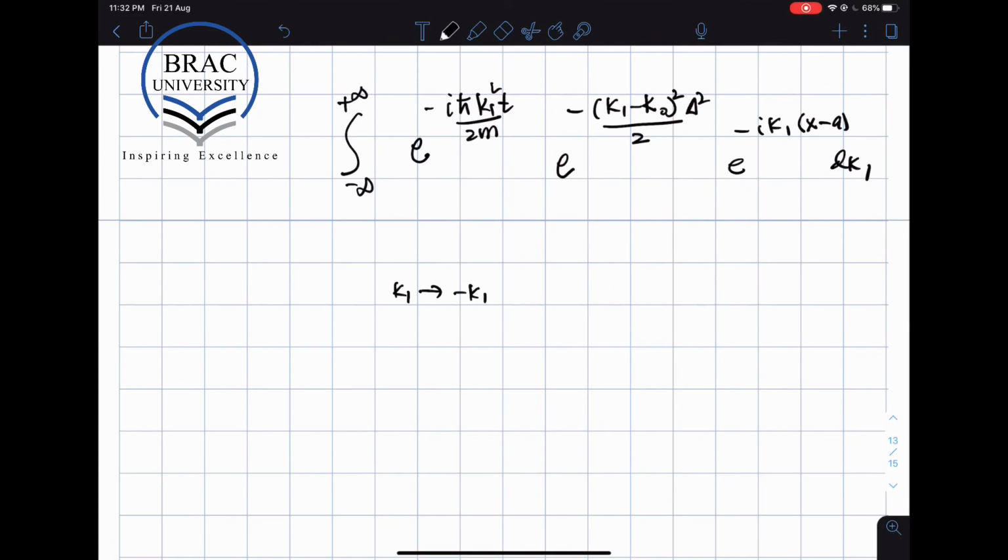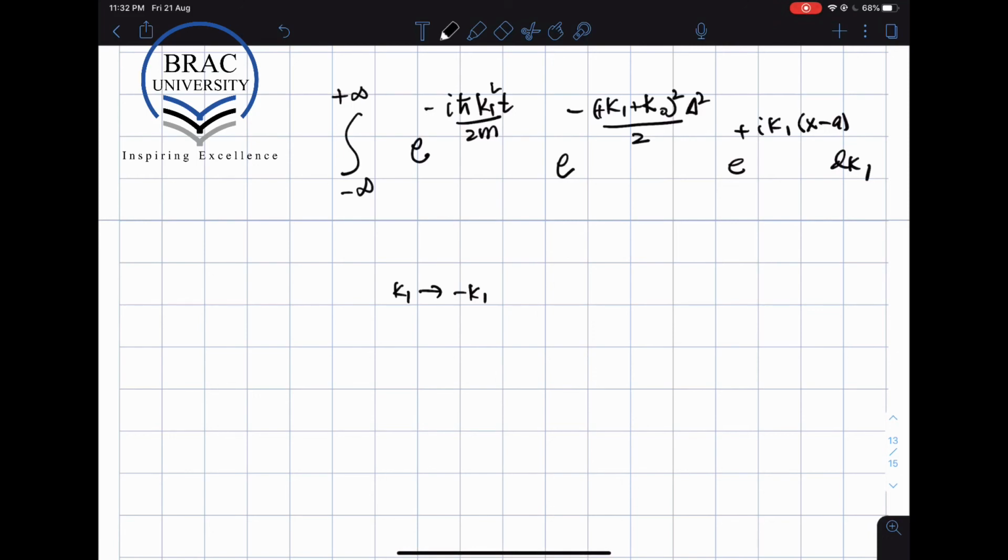So we pick up a minus sign here, and the limits are interchanged, but then we can absorb this minus sign and change back the limits of the integral from minus infinity to plus infinity. It also changes the sign to a plus sign here, which we can factor out, and this all becomes plus signs, and this is what we get.